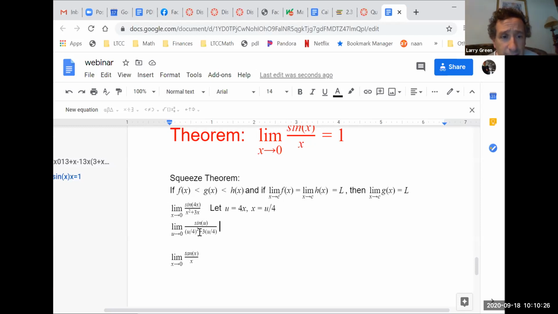Okay, now what I can do is multiply top and bottom by 16 just to get rid of the fraction. Life is a little easier. And when I do that, I have 16 there. This u over 4 squared becomes just u squared. And this 3u over 4 becomes 12u, multiplied by 16, right?